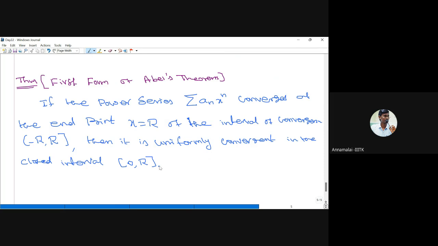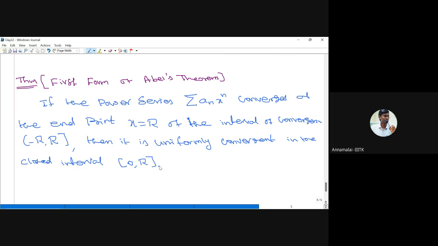But the general theorem says within that interval it is uniformly convergent. But Abel proved that if this converges at one endpoint x equal to r, then it is uniformly convergent in the closed interval 0 to r. This is the first form of this.